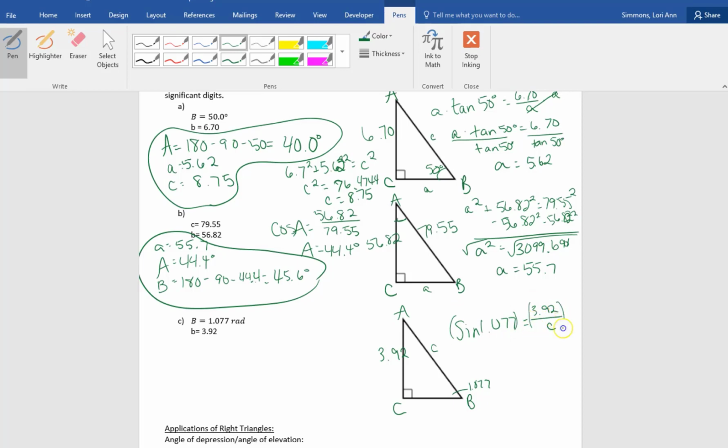Multiply both sides by C. And then you can divide both sides by sine of 1.077. So C should equal 4.45. Make sure in your calculator you change the mode to radians for this, because this angle is in radians. So C is 4.45.